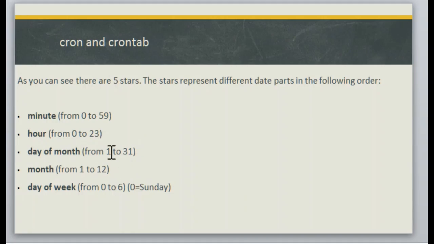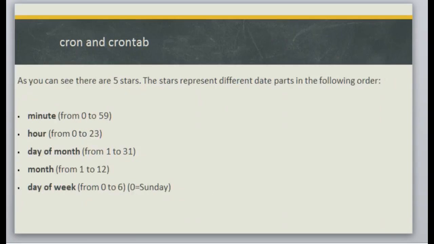So when I put 1, it's just going to default to the first Tuesday of the month. And the month, I said February, so we're going to put 2. And then the day of the week, which would be 2. 0 is Sunday, 1 is Monday, 2 is Tuesday.